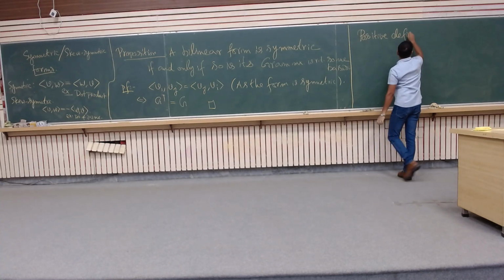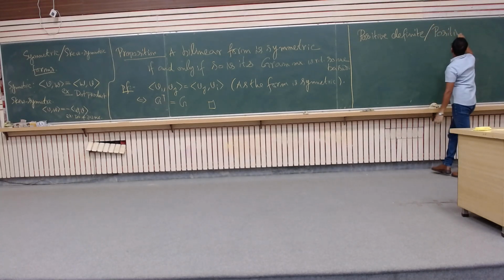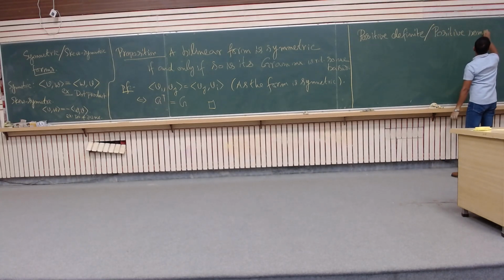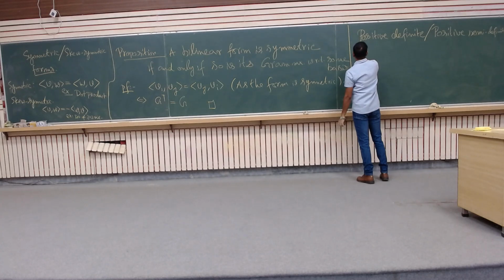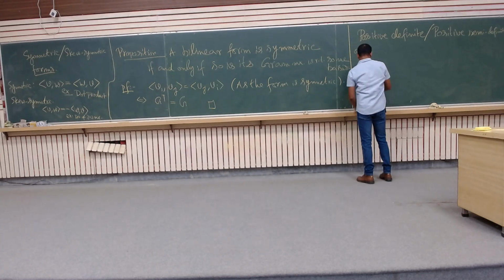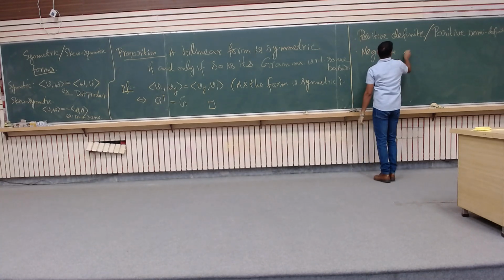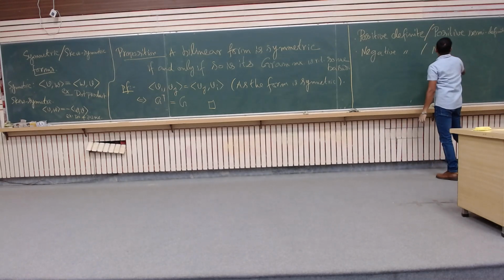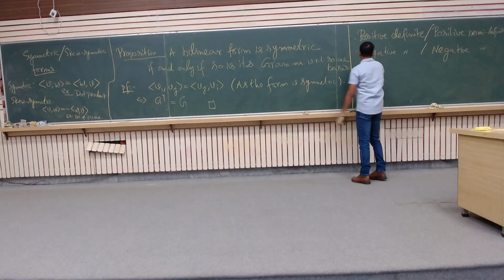Positive definite or positive semi-definite, this is one type of form; negative definite or negative semi-definite; and third is indefinite forms.